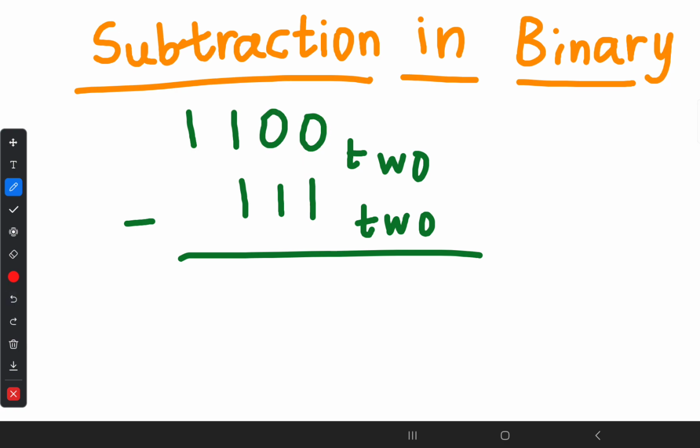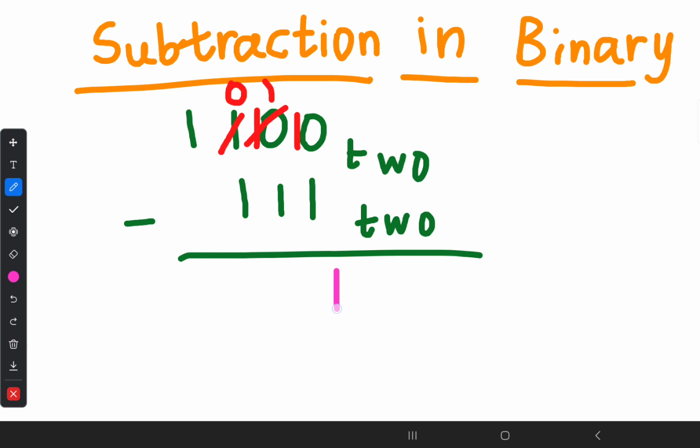When you lend 1 from here, it will become 0 and this 0 will become 10. Then from this 10, when you lend 1 again, 10 minus 1 would be 1 and remainder 1. Then after this is the usual binary subtraction.